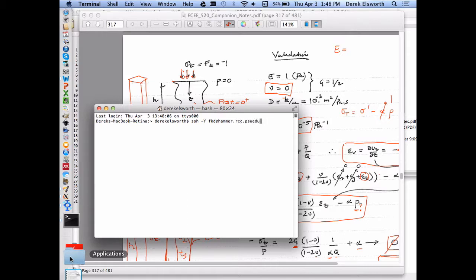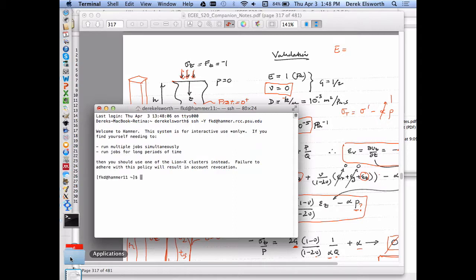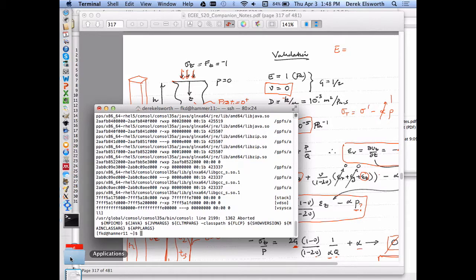Perhaps that isn't a good omen. Thank you. This script worked in my office before. So it's hammer 11. Did anyone notice what the other numbers were?